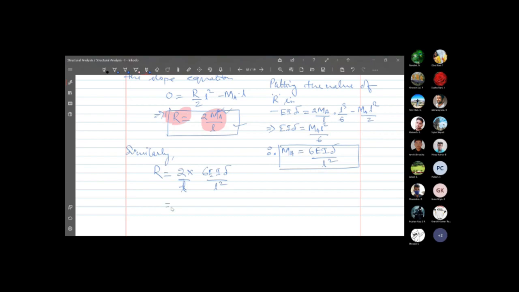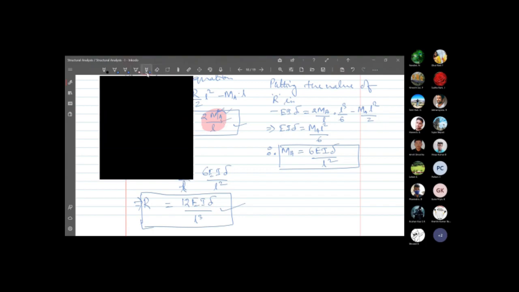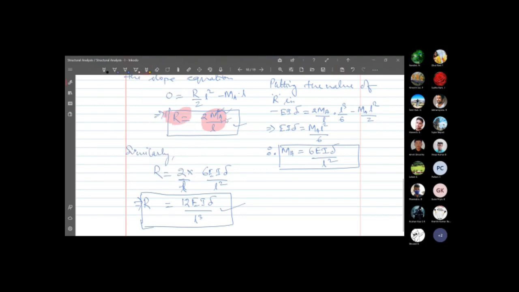So this implies R equals 12 EI into delta by L cube. Now we have found the value of ma, and we have found the value of R.